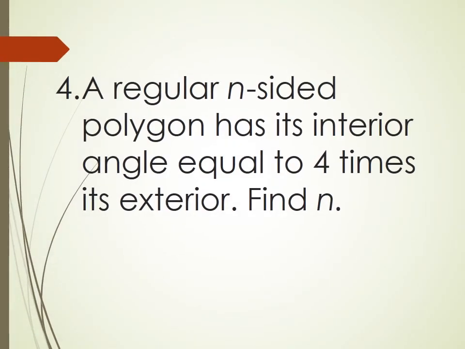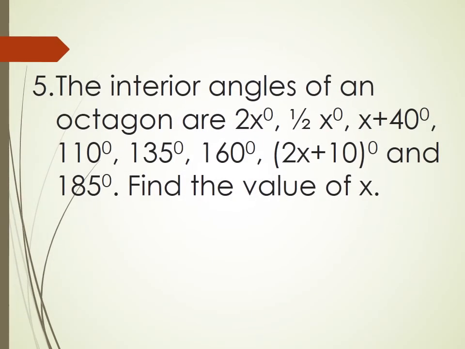Question 4. A regular n-sided polygon has its interior angle equal to 4 times its exterior angle. Find n. Question 5. The interior angles of an octagon are 2x, a half x, x plus 40, 110, 135, 160, 2x plus 10, and 185 degrees.